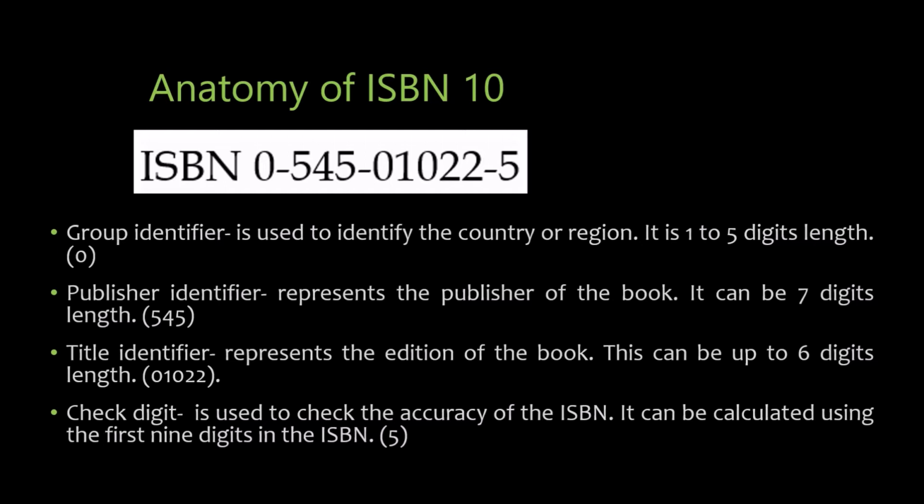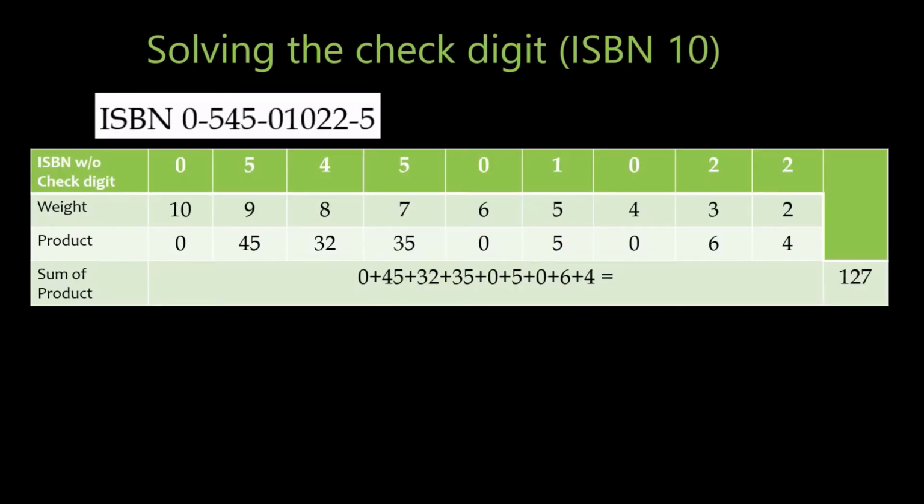Check digit is used to check the accuracy of the ISBN and is calculated using the first 9 digits in the ISBN. Here, the check digit is always at the rightmost corner of the code, and here the check digit is 5. Now, solving the check digit using the ISBN 10 format. Now, we have already our example here.